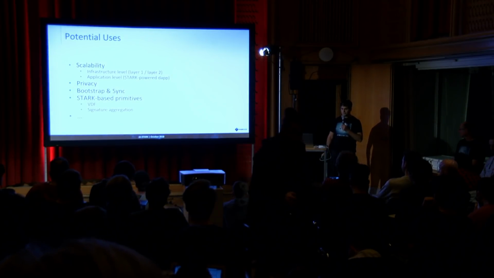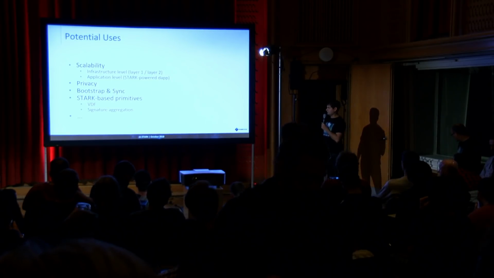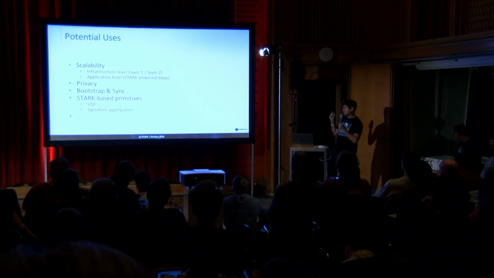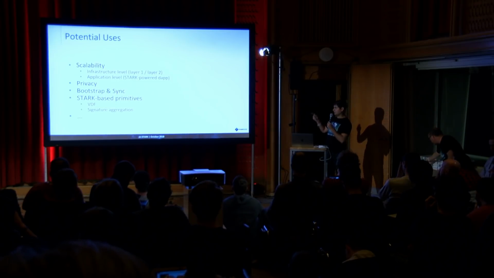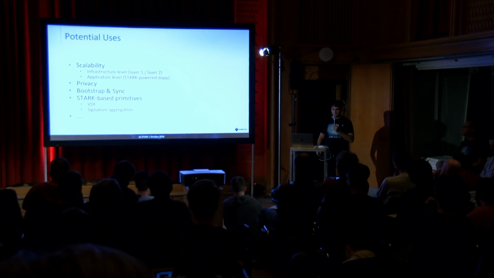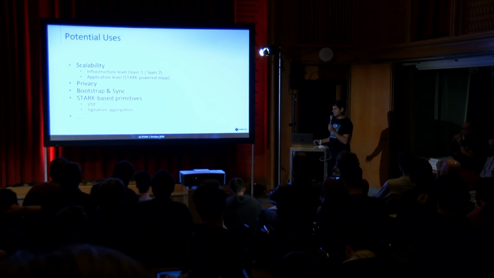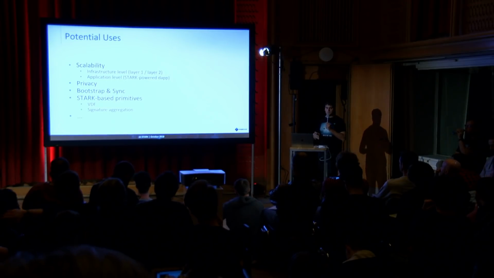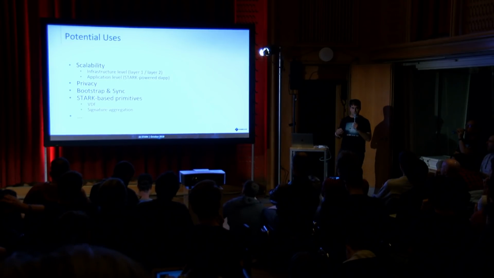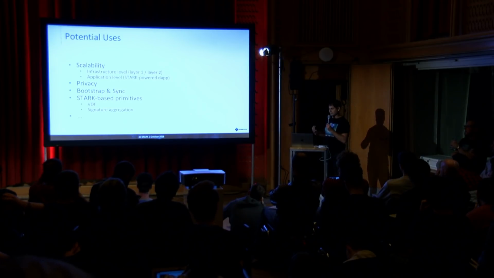Yeah, so I'm not going to go over all the potential uses, but I will focus mainly on scalability. And in scalability, you can think of products at the infrastructure level. It doesn't matter if it's layer 1 or layer 2. I still call it infrastructure because, for example, I see payments as an infrastructure and not as an application.